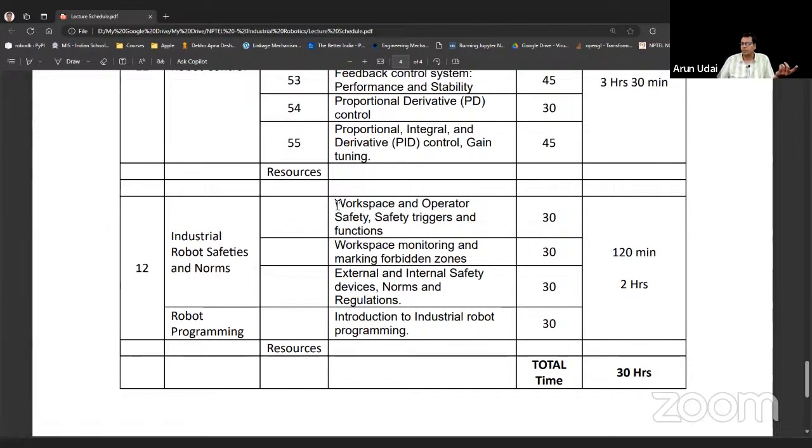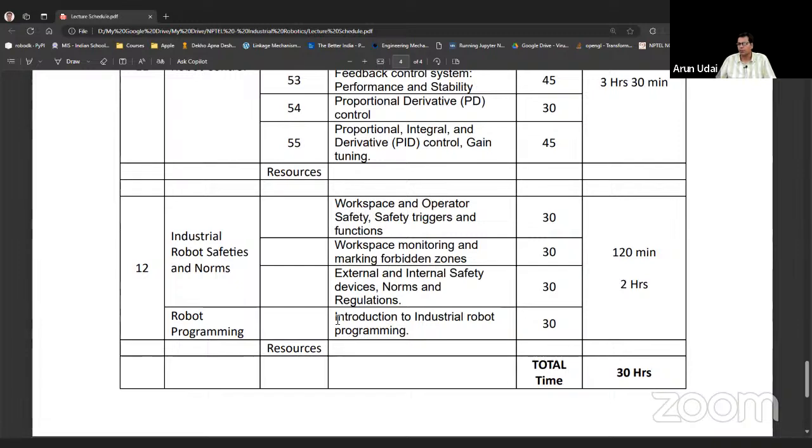People are not very much aware of industrial robot safety, workspace operation safety, safety triggers. What is very important here is basically the application aspects. When the robot is put to use, you should be aware of its safety aspects as well. So that is why this is here.